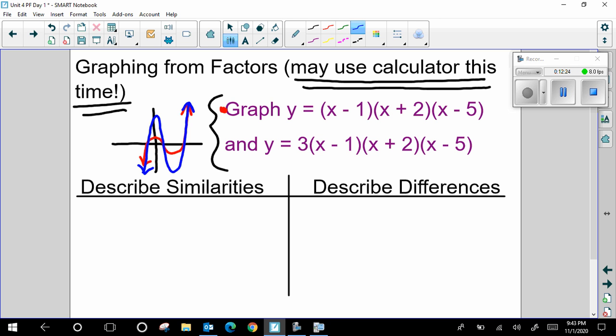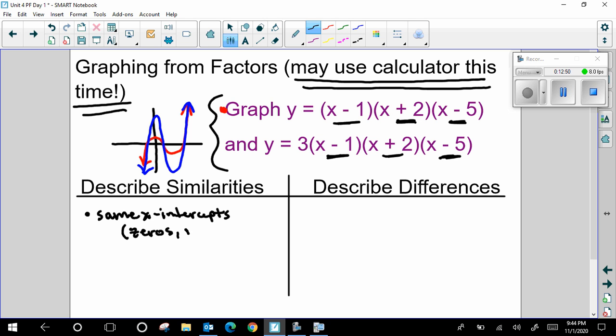All right, so the similarities that we see here, it has the same x-intercepts. Okay, so you can see that from these 3 factors being the same. Those are also called zeros or roots.